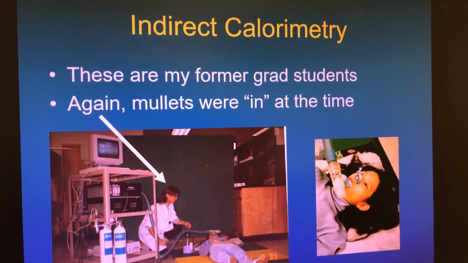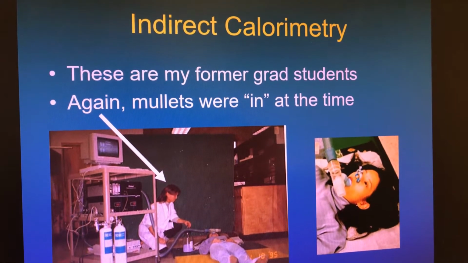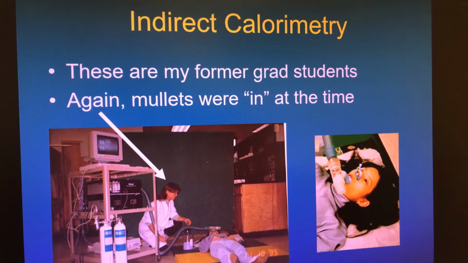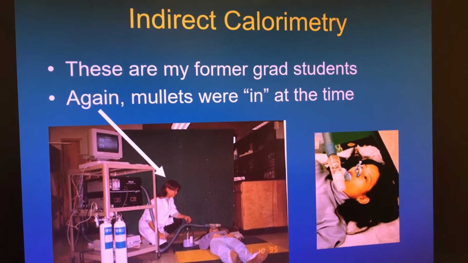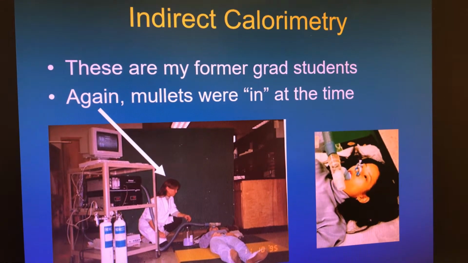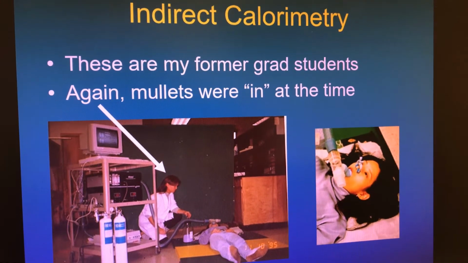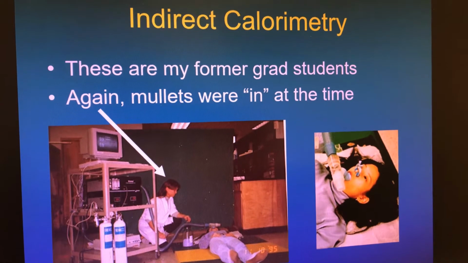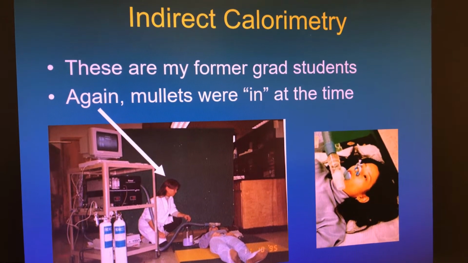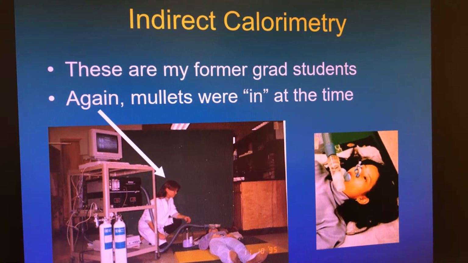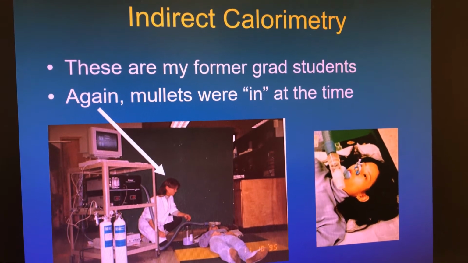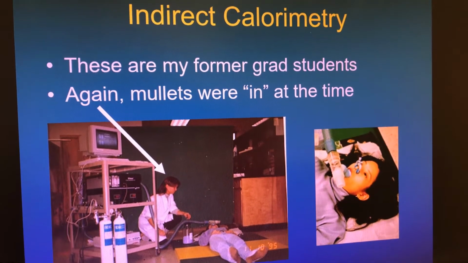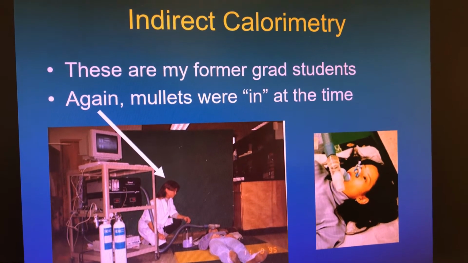So you can see that Keiko is breathing into some tubing that goes into a machine. The machine measures the oxygen level in her expired breath. So we know the oxygen content of room air, and the machine measures the oxygen content of her expired breath, and there's a difference, because she's consuming oxygen while she's burning energy at rest.